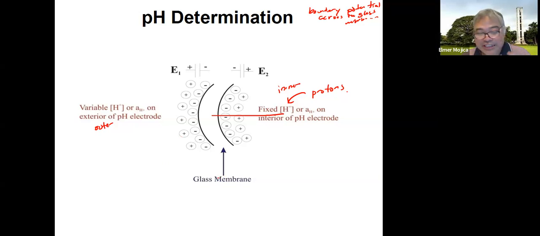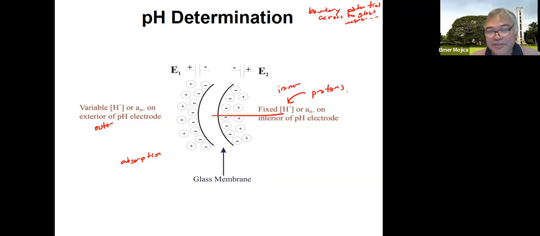We could say at each membrane solvent interface, there's a small local potential developed due to the preferential adsorption of H plus on the glass surface. So this is what happens in the pH meter.